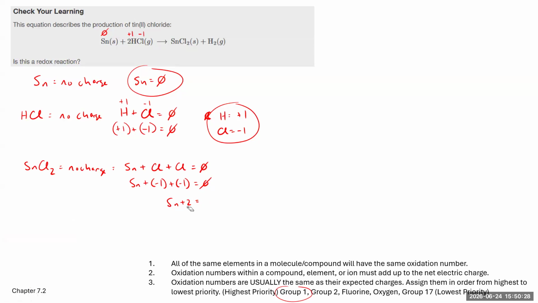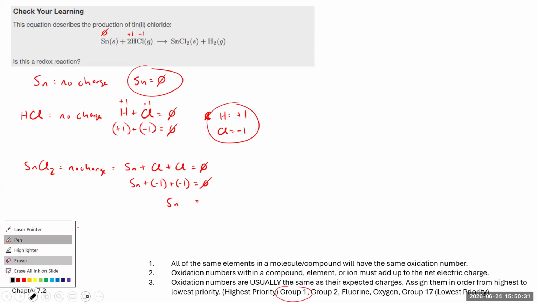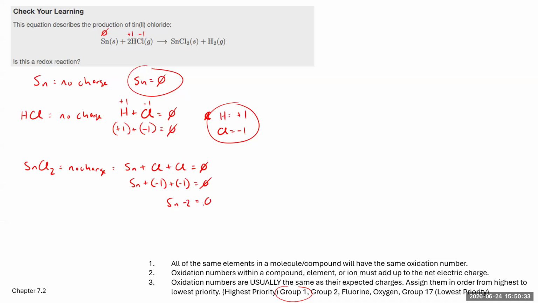Sn minus 2 equals 0. Plus 2 on both sides. Sn equals 2. All right, so this is going to be, and then chlorine equals -1. Plus 2, -1.